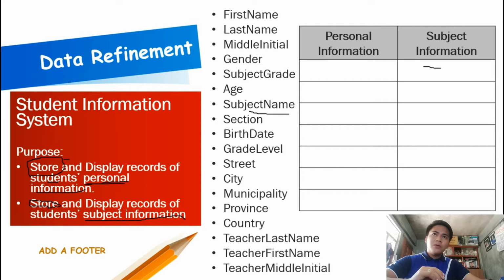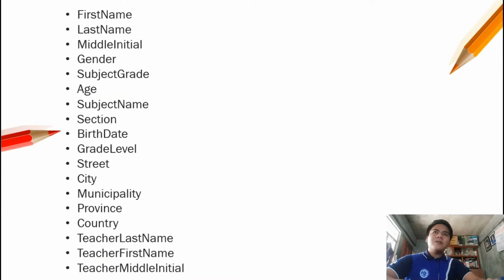While in the subject information, we're going to put the different field names pertaining only to the subject. Example, subject name, subject grade, teacher last name, teacher first name, teacher middle initial, and so on and so forth. Now, ilipat ko lang sa next slide natin para mas mabasa.